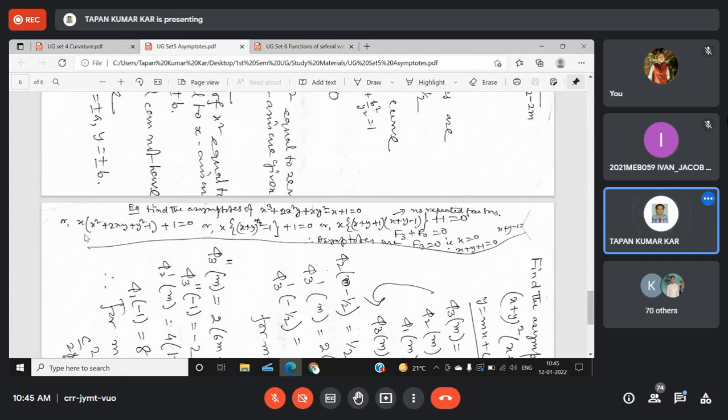Look at this, x cube plus 2x square y plus xy square minus x plus 1. From x cube to x, there is one x common. So it is written x into x square plus 2xy plus y square minus 1, plus 1 separately. And x square plus 2xy plus y square is x plus y whole square.